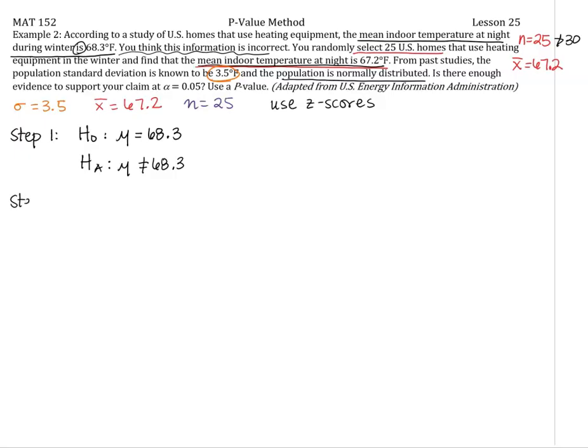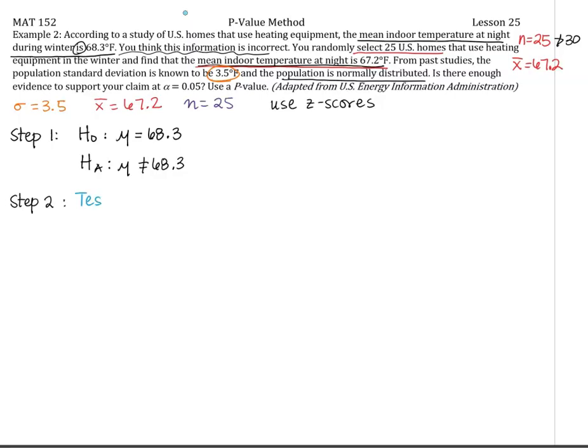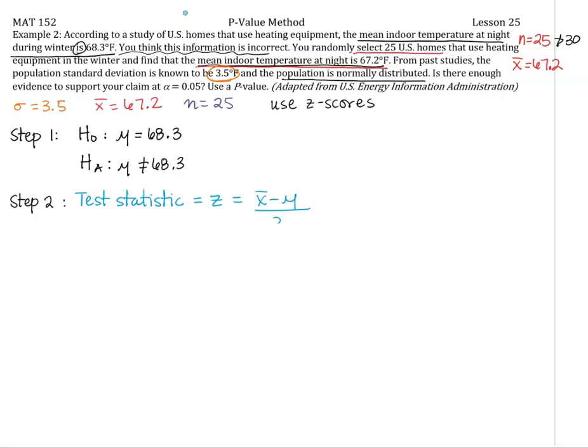Let's go on to step 2, where we calculate our test statistic. Remember that this is a z test statistic because we do know sigma and our population is normally distributed. So we're using the formula x bar minus mu divided by sigma over the square root of n.